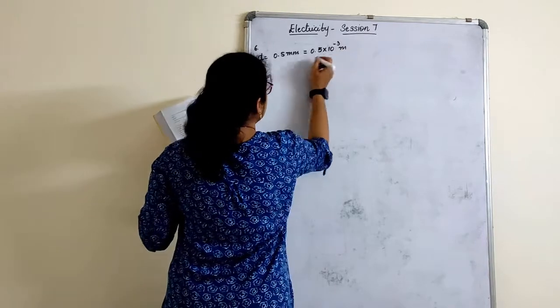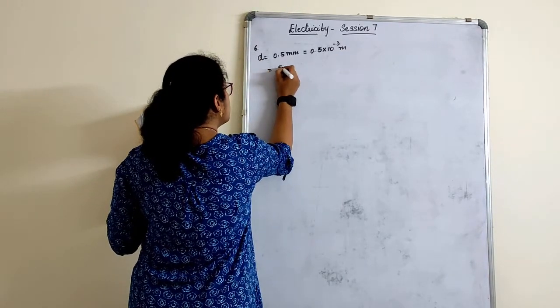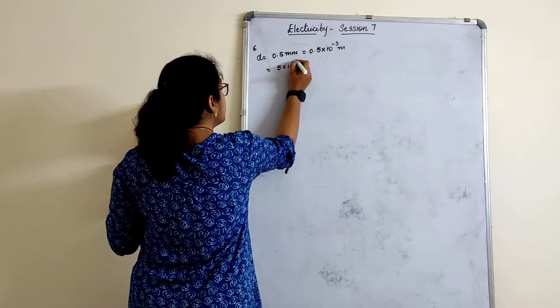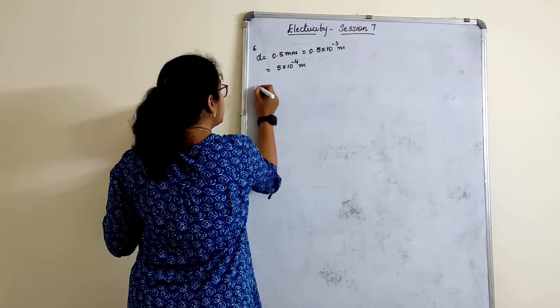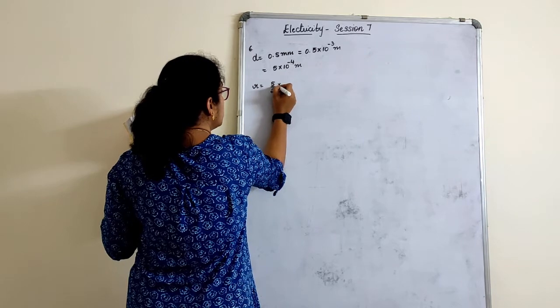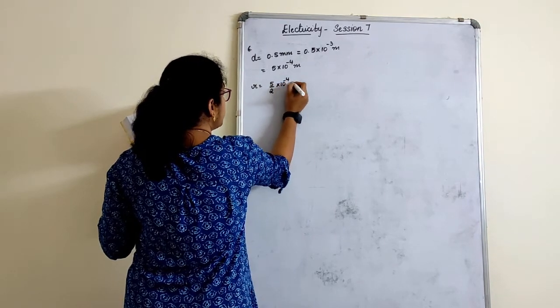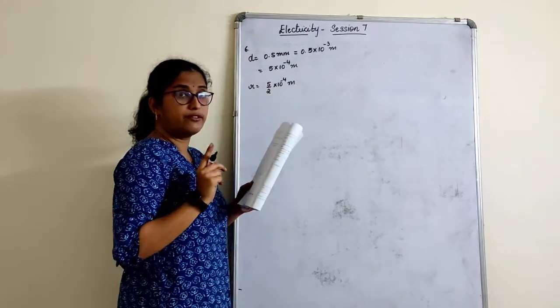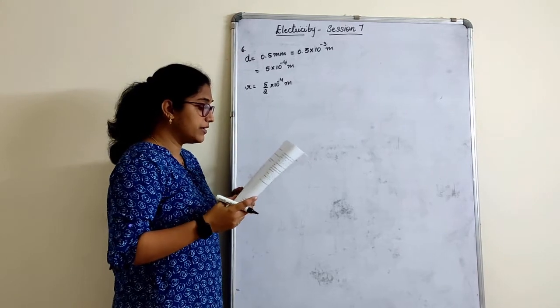We can also write this as 5 into 10 raised to minus 4 meter. Therefore, the radius of the wire is 5 by 2 into 10 raised to minus 4 meter.